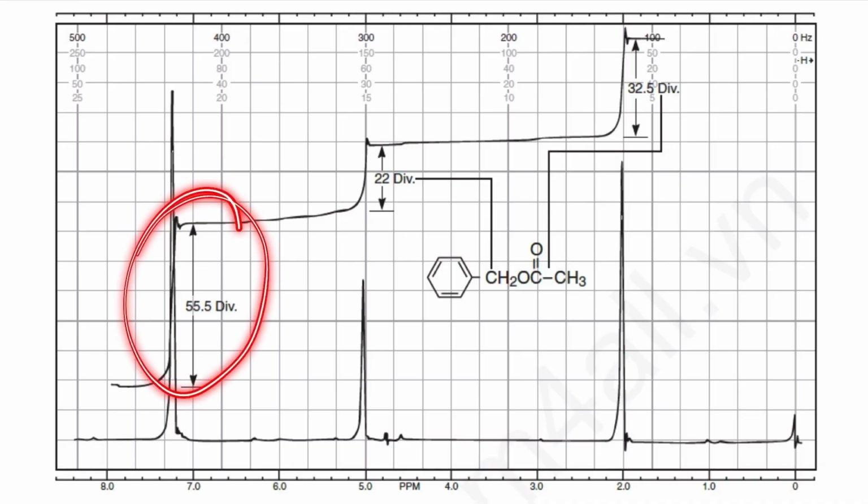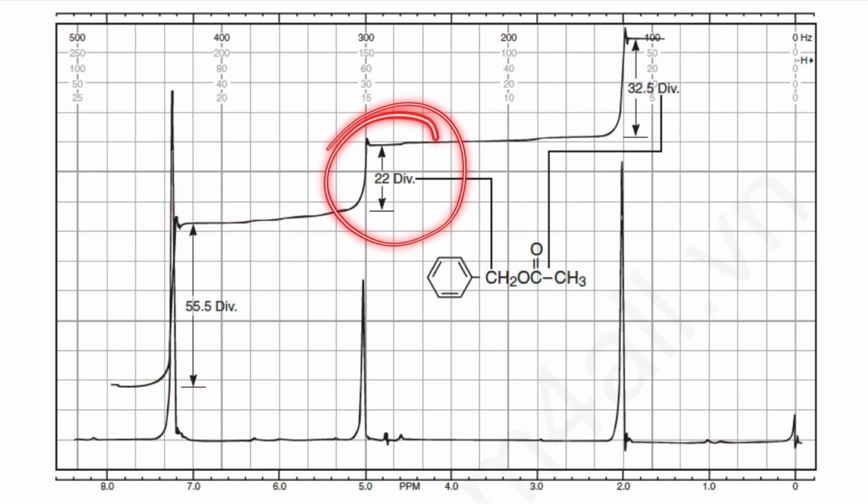For example, if we are seeing 55.5 divisions and then 22 divisions, we compare these divisions with each other. If we have a single peak, then we cannot identify how many protons will be in it. So all these three peaks are relative.